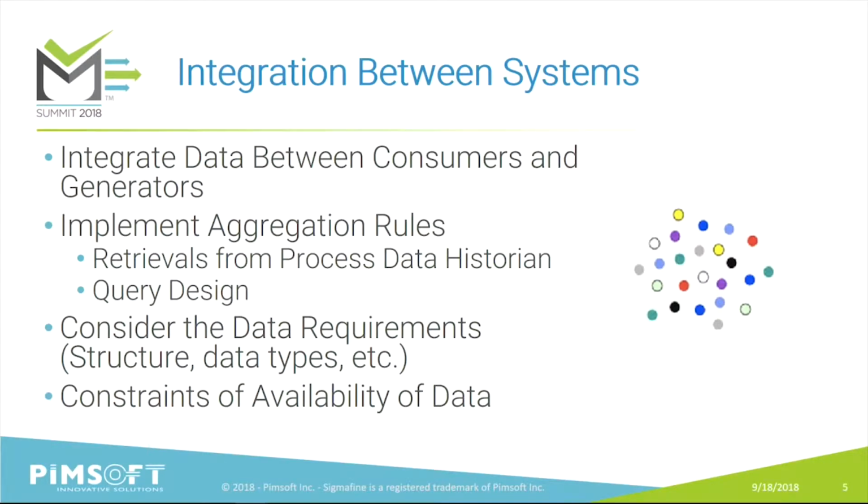So in the integration, of course, we need to integrate between data consumers and data generators. In our case, we are getting input data from different sources, and we are a consumer of information, but also a generator of information.